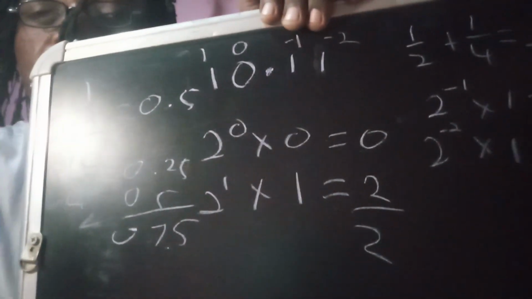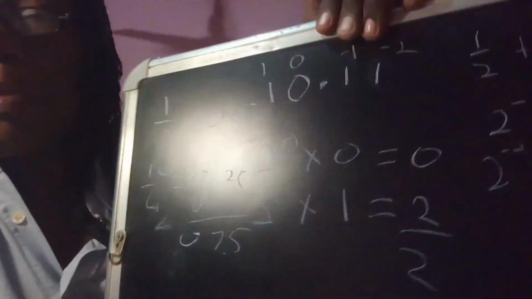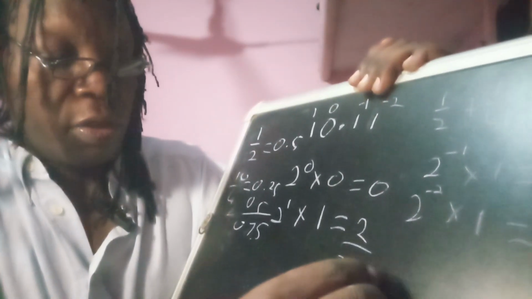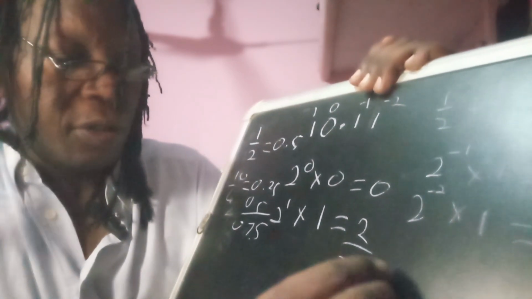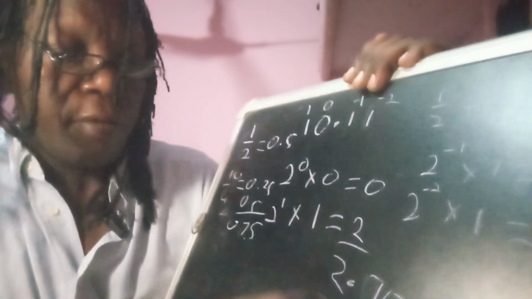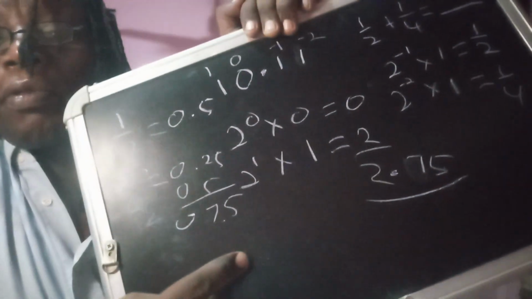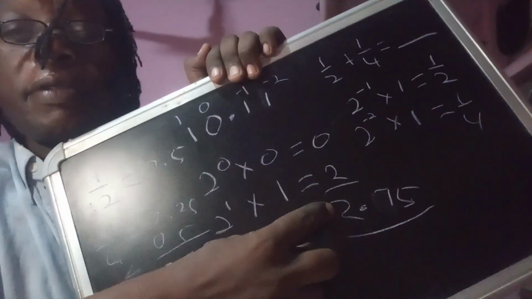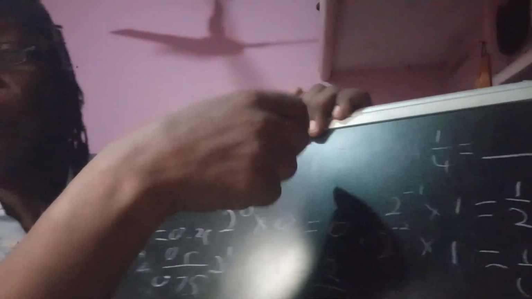I'm sorry, I'm holding it further from the camera. So 0.75. Not 0, you don't need to write that, you write 7, 5. This is what we have: 2.75, because it is a decimal we have converted it. There's no difference.